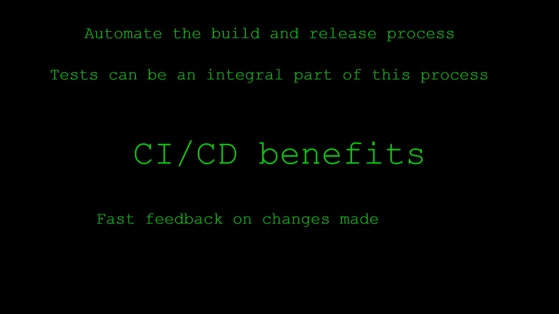Did it work according to the specifications that they codified in their tests? If you wait until much later in the process, developers will have moved on to other stuff, and all this context switching takes up a lot of time and energy, and it just slows down that whole feedback loop. And you can't deliver software faster unless you have a quick feedback loop in place which gives you information about the quality of your product.